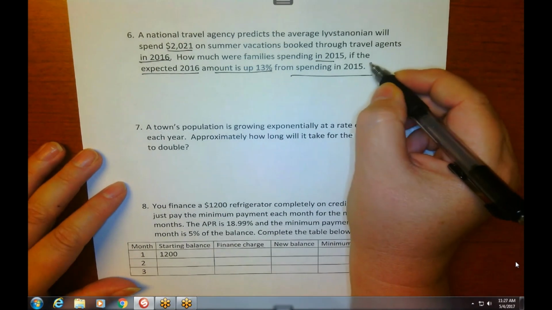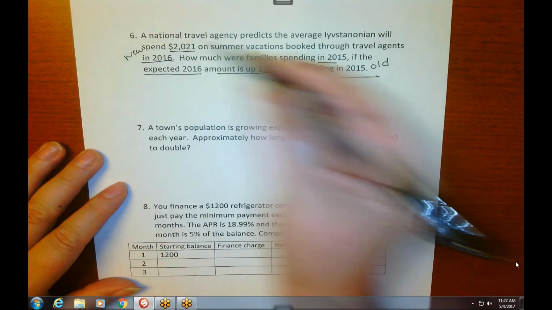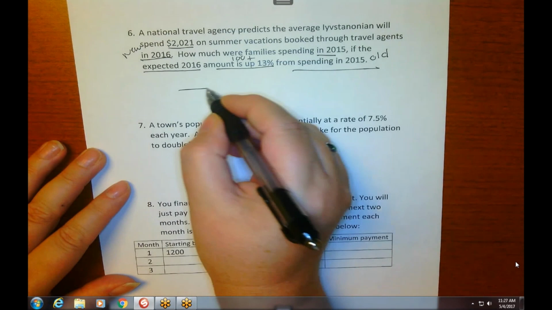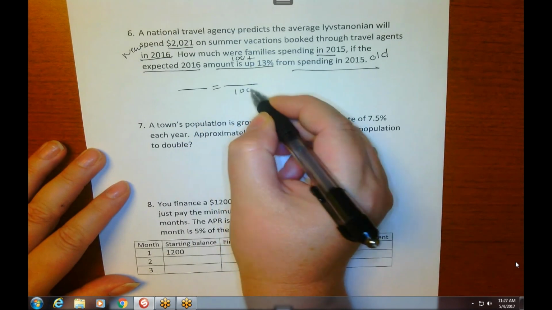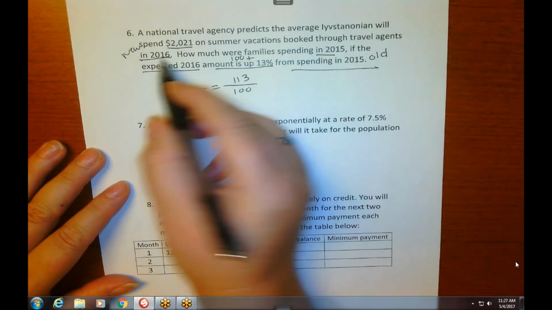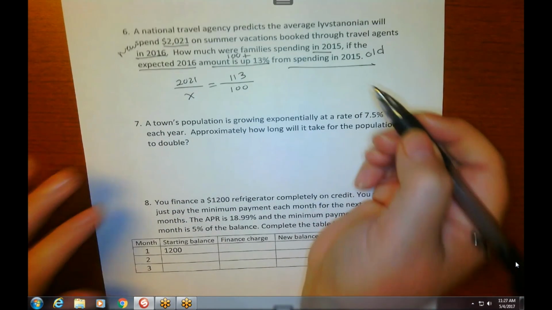Okay, so 2015 is the old, 16 is the new. They even put the from in there. Up would be 100 plus the 13. So the old, we don't know. The new is 2021.